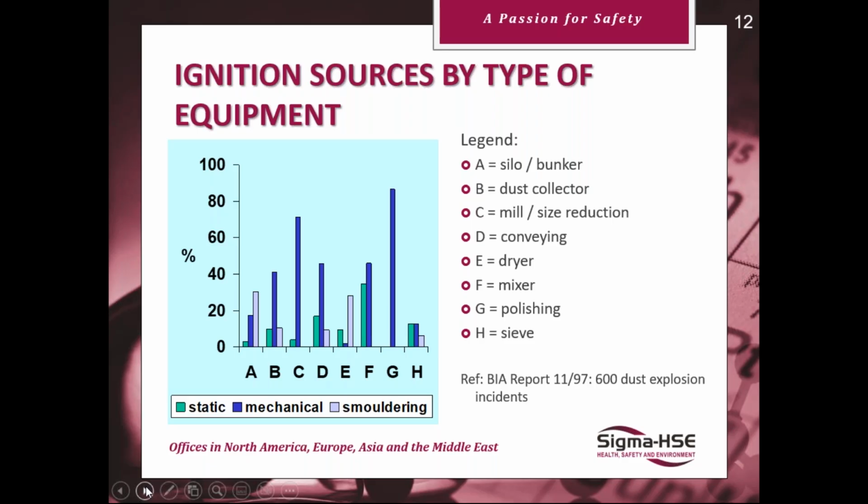Others are dust collectors, which are quite a common area, conveying areas, and you can get mixing and sieving, which can again cause problems with electrostatic discharges igniting a flammable atmosphere.